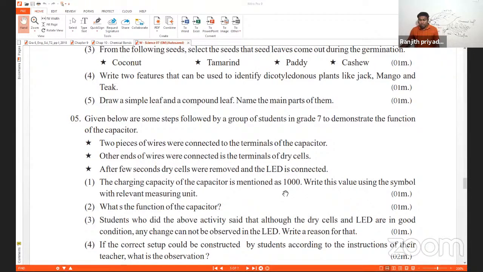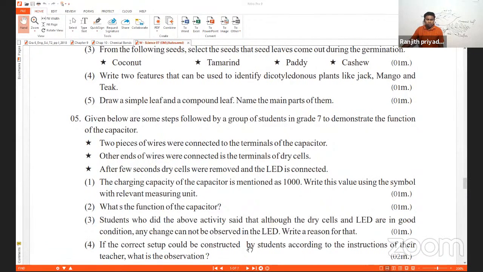But a farad is a very large capacity, so we look at small capacities. If you divide 1 farad into 1000, you get a millifarad.